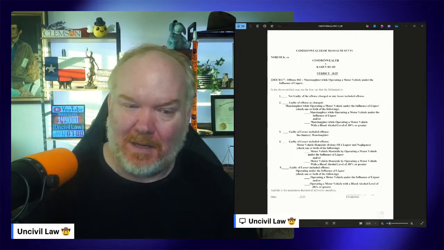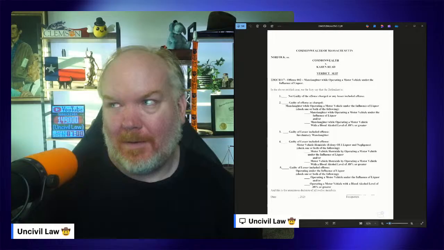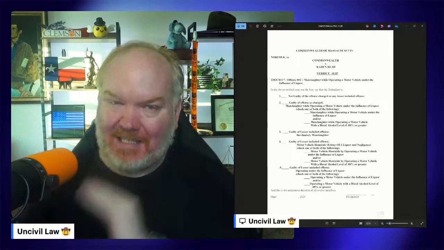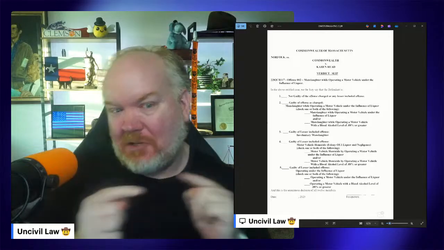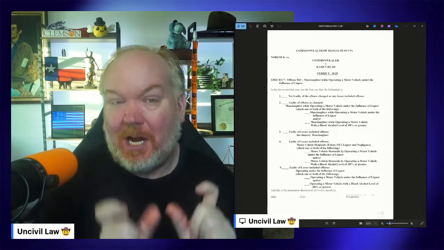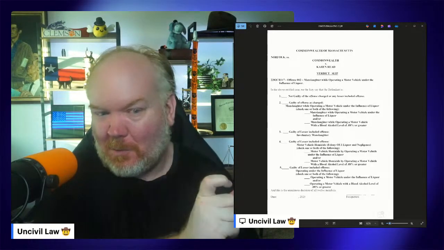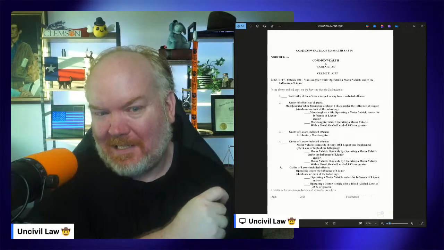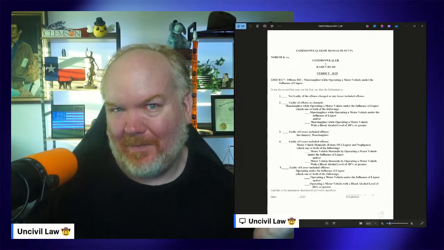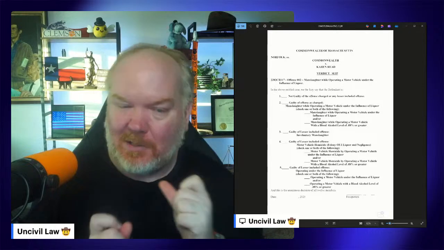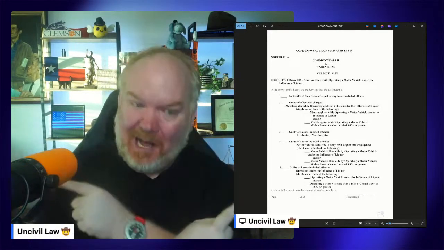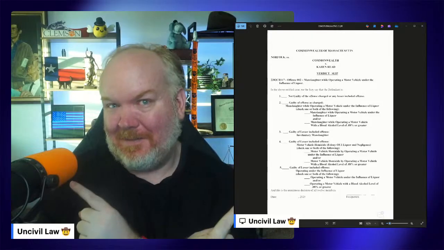But also, if it were A and B and B and C, then they would each have an element the other does not. They both share B, but the first one has A, the second one doesn't. The second one has C, the first one doesn't. So as long as they both have an element the other does not, they are legally distinct.